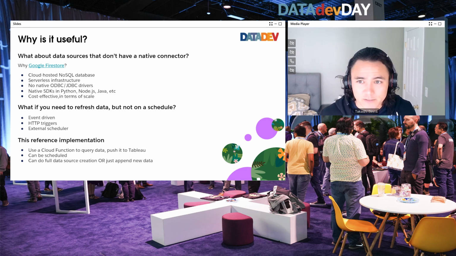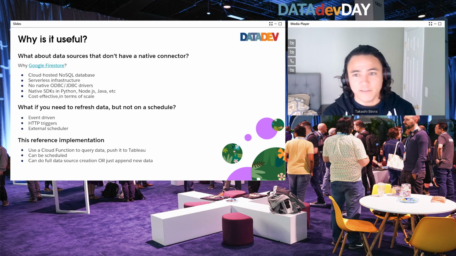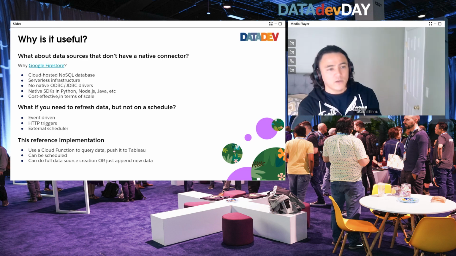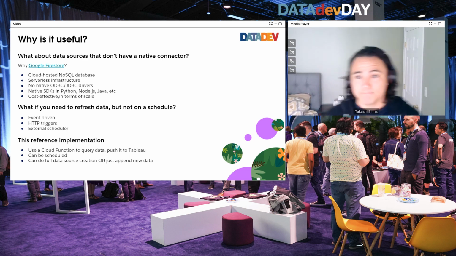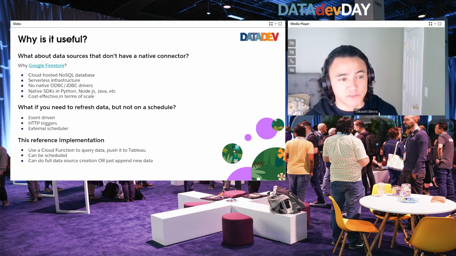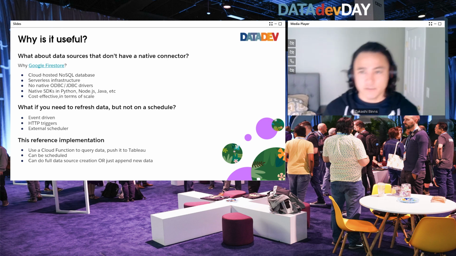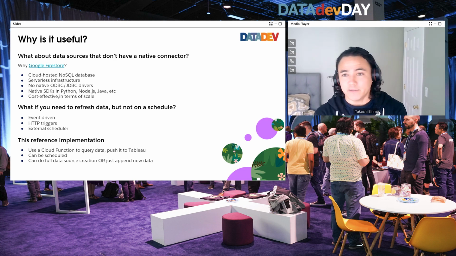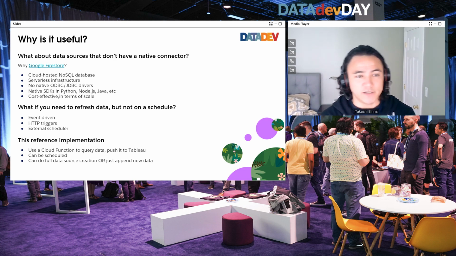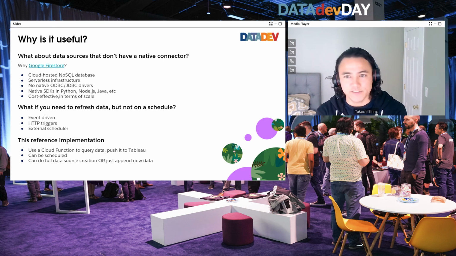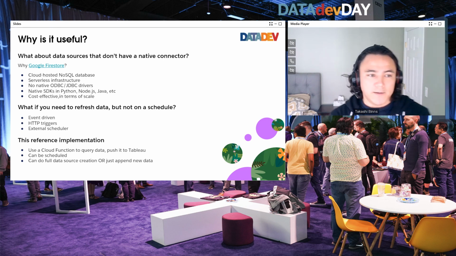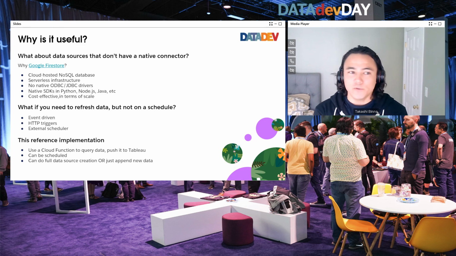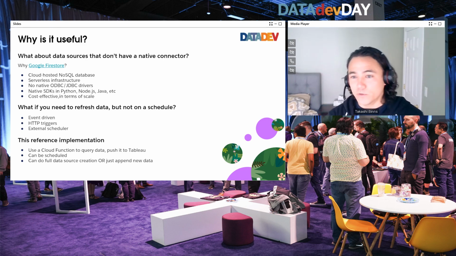So actually in our Smart Chips integration, our event log capturing all the telemetry was stored in Google Firestore. Because Google Firestore is a serverless infrastructure, it's very cost effective in terms of scale. And it just basically collects JSON objects, or documents, really. So any data structure you pass in is fine. The downside is that there are no native ODBC or JDBC drivers.